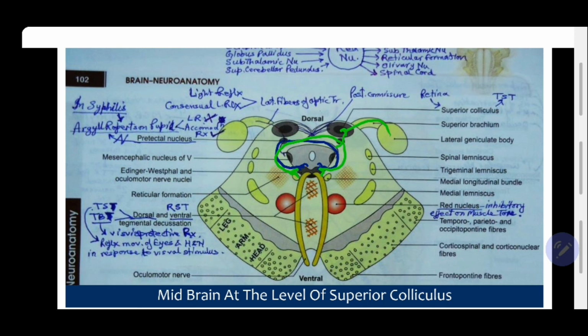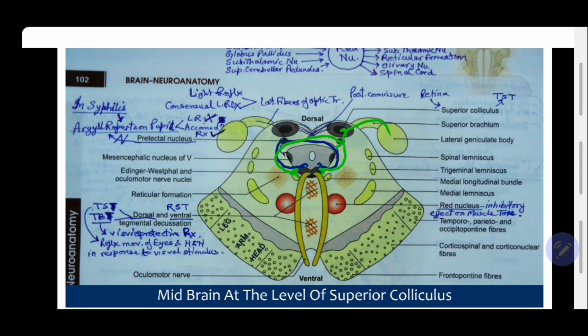Got it? So that's what the red nucleus is, and this nerve passes through to this red nucleus. And remember what happens if the red nucleus is damaged? There will be twitching and flickering of the fingers, somewhat like a Parkinsonian state, or some tremors.